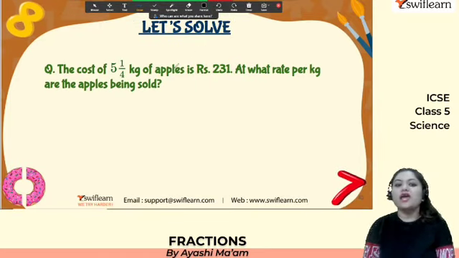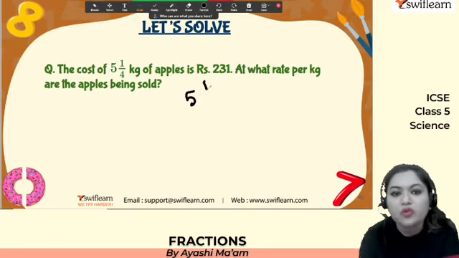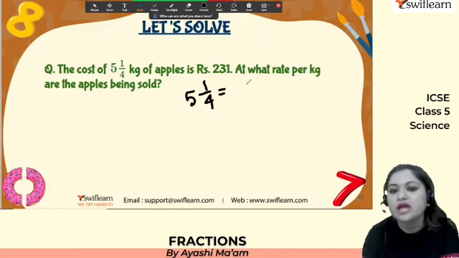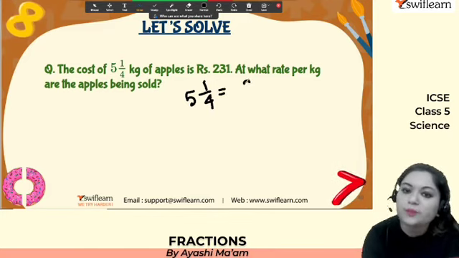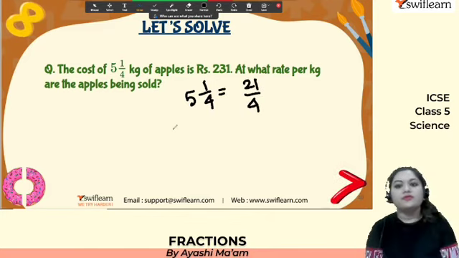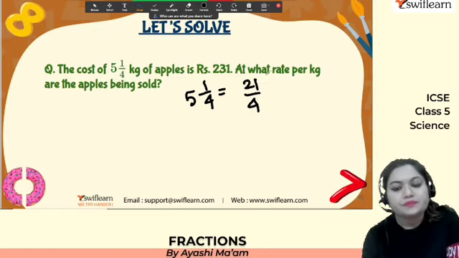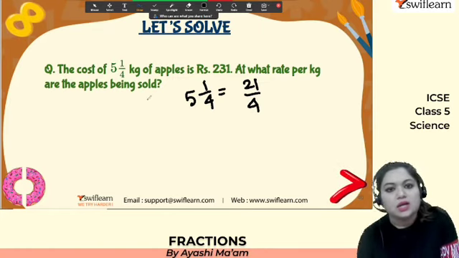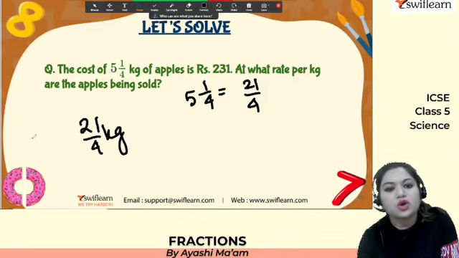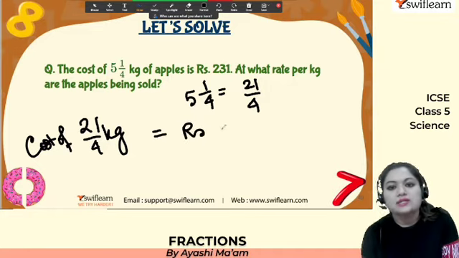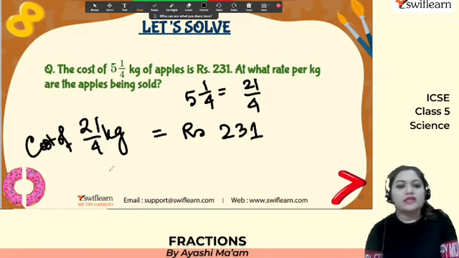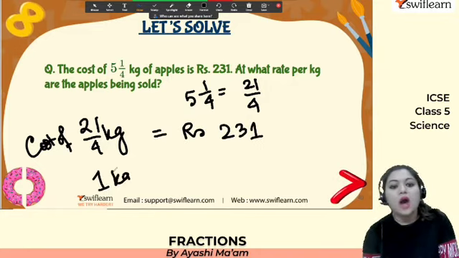Let's come to this word problem. The cost of 5 whole 1 by 4 kg. First convert 5 whole 1 by 4 into an improper fraction. So it will become 5 4s are 20 plus 1, 21 by 4. That means it is given that the cost of 21 by 4 kg is rupees 231, and they want to find out the cost of 1 kg.